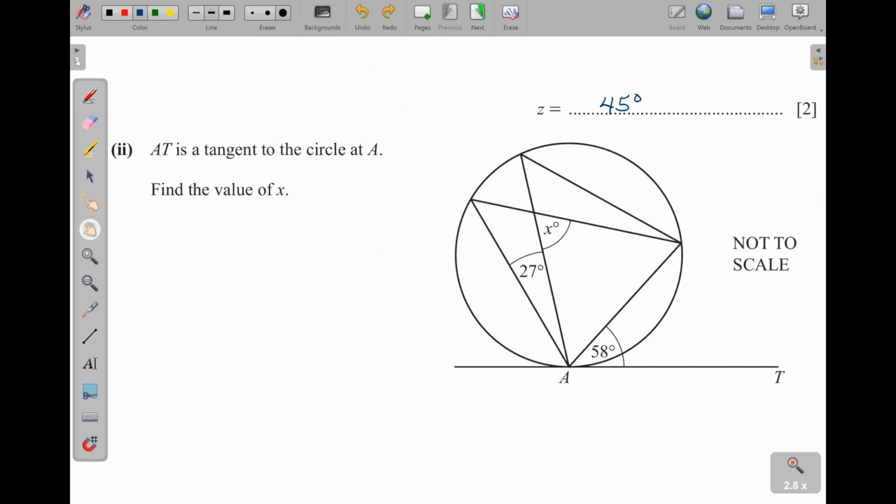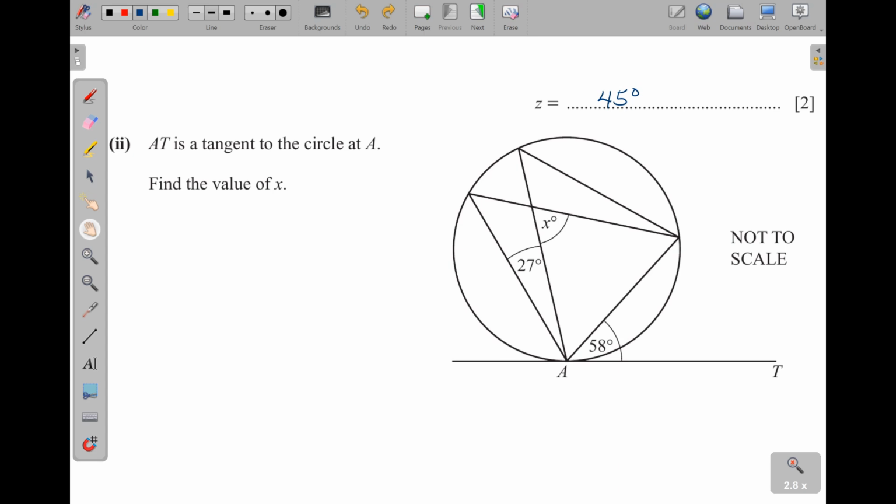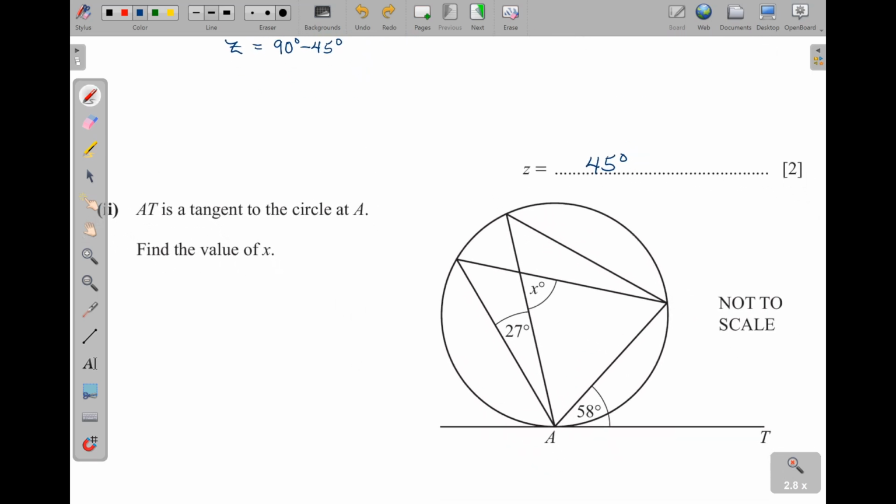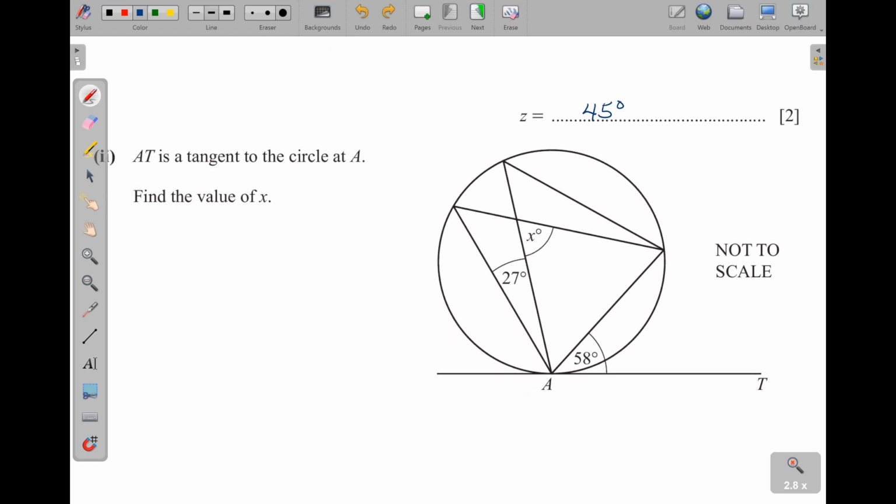Then Roman 2, they are saying that AT is a tangent to the circle at A. And then they want us to find the value of x. Now, in the circle theorems that I've shown you, there is one that I haven't talked about. It is called the alternate segment theorem. In the alternate segment theorem, you look at the tangent here.